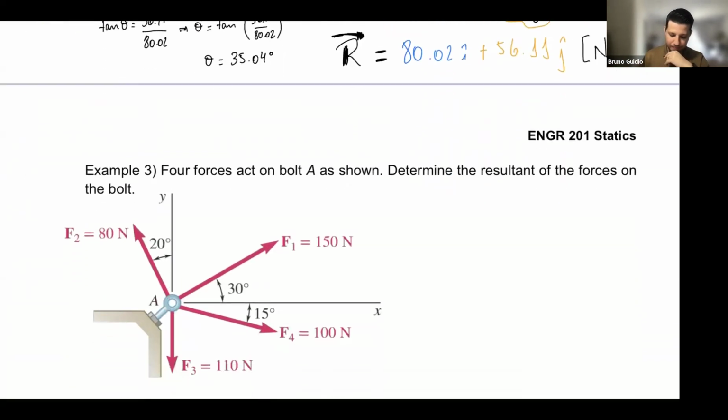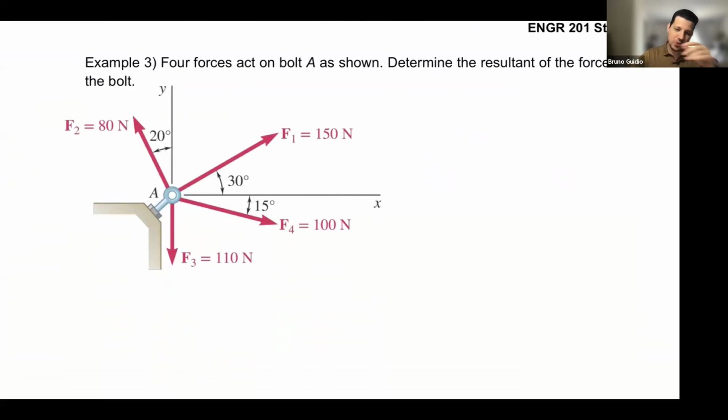Okay, let's go for another example. This one, much bigger, and we have different angles here. So that will be great for you to understand. If you got this one, you are all good. Okay, if you can see this one, you are good for this part of the class.